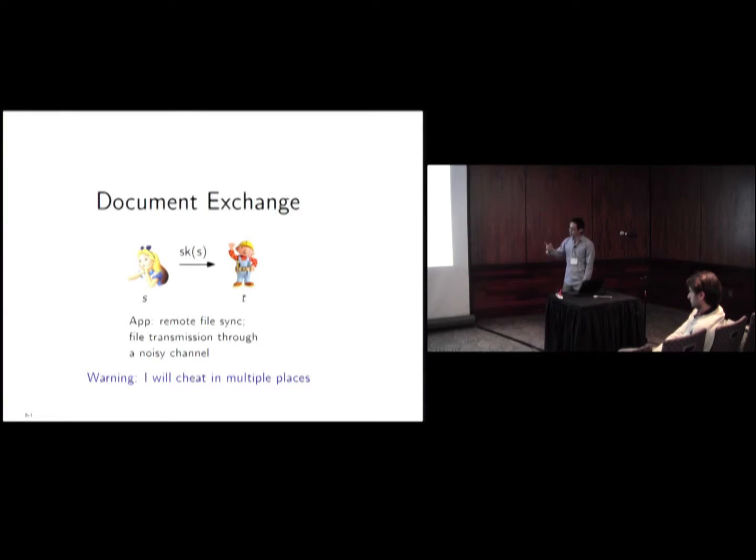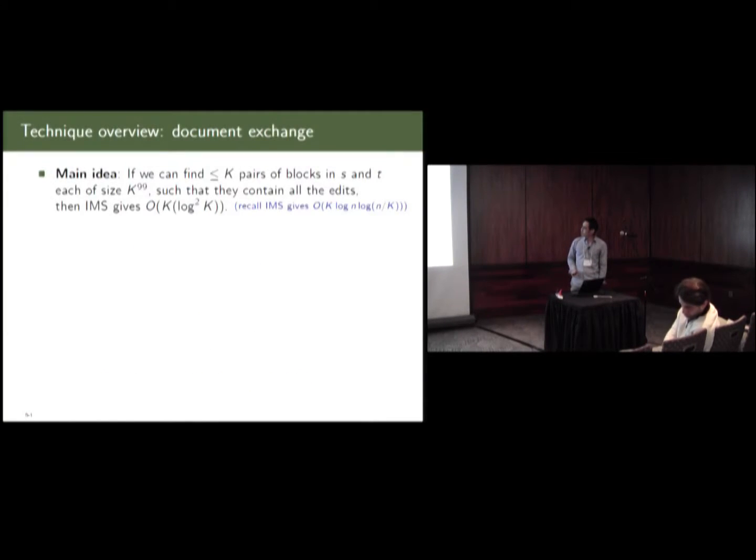Okay, so let's start to discuss our result. Because I want to make it simple, I will cheat in multiple places. If you have questions, just ask. The main idea is actually very simple. For document exchange, if we know where the edits actually occur, it makes the problem much easier.